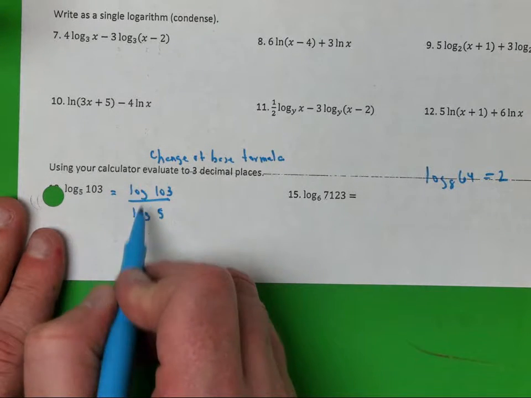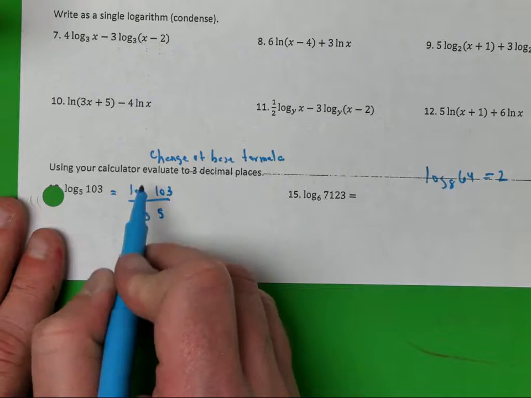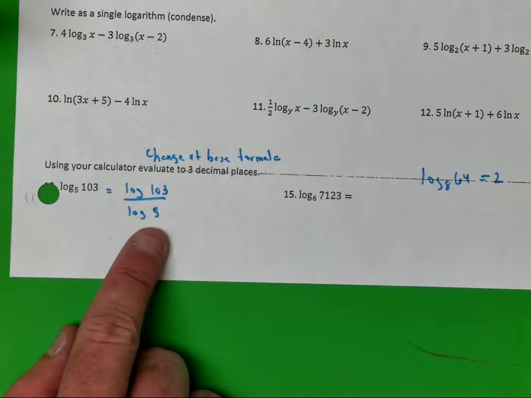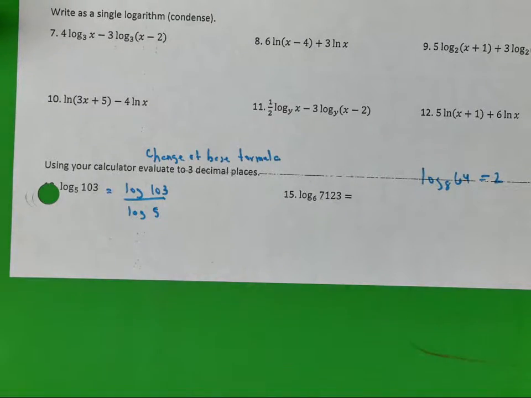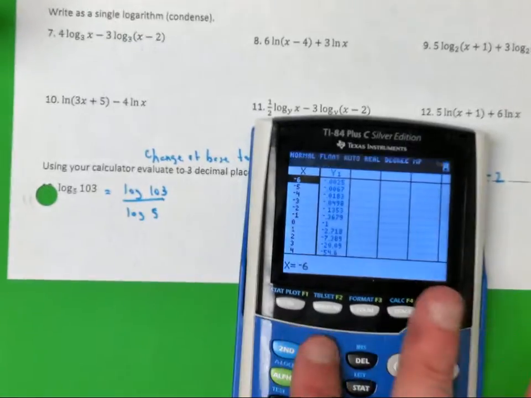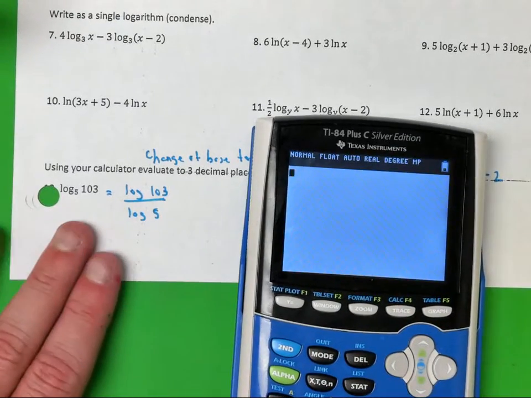You might say, Mr. Church, what's the base of this log? Well, the base is 10. You turned it into a common logarithm. So you're going to say log of 103 divided by log of 5, and you're going to get a huge decimal. Let's see what we get here. Okay, so I'm going to use log.